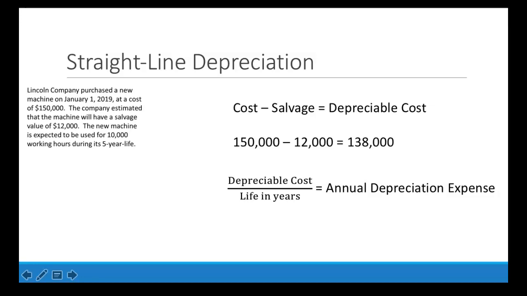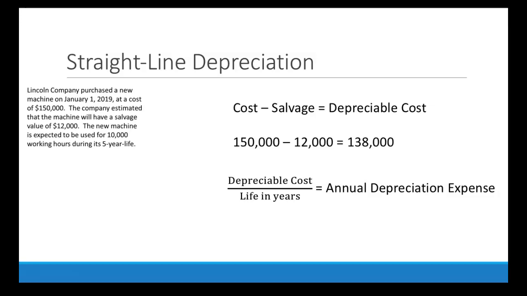Then you'll see that in the next line, depreciable cost divided by its life in years gives us what we call the annual depreciation expense. We can figure out our annual depreciation expense by taking that depreciable cost that we solved for and dividing it by our life in years.